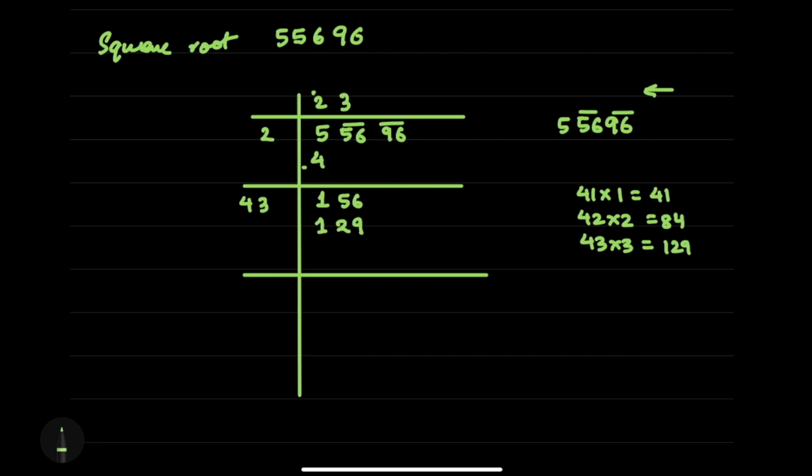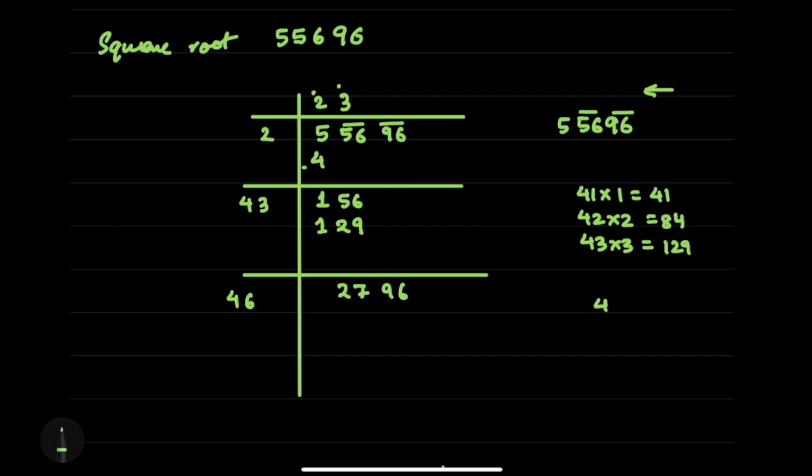And then again we get a remainder of 27, and then we bring down 96. Then we need to double this 3, and that comes from before: the double of 3 would be 6. So 4, 6. Now we have to find 46-something that is either equal to 2796 or is smaller than 2796.